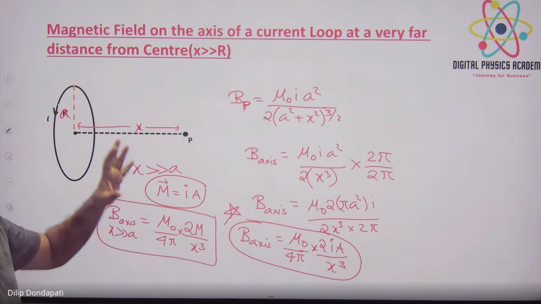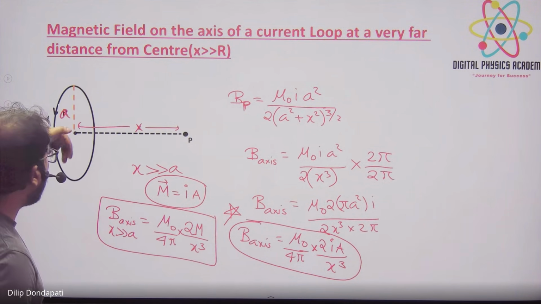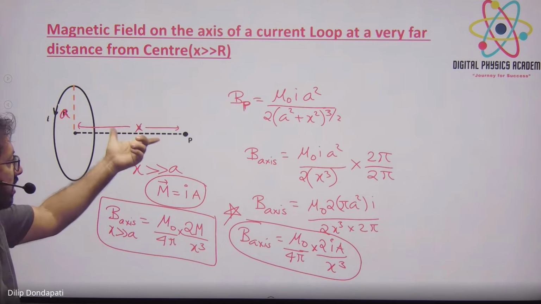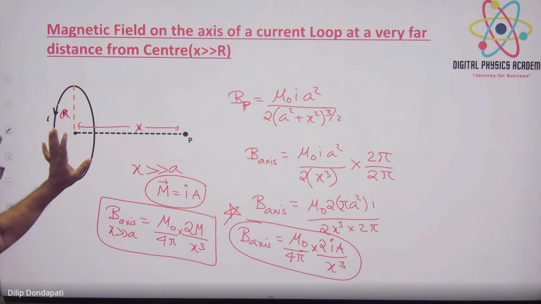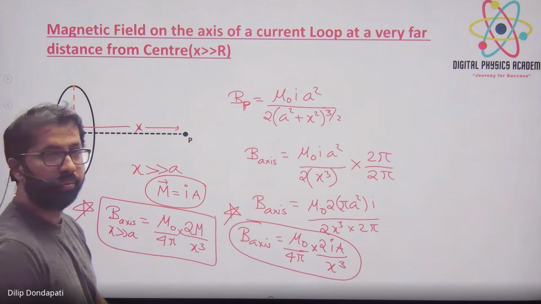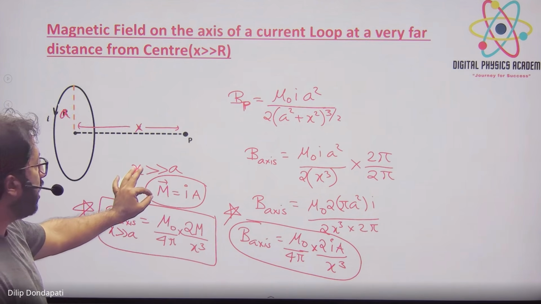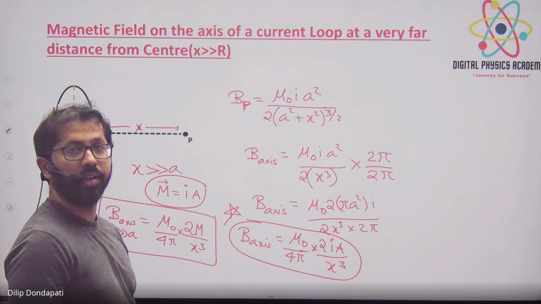That means it is acting like a dipole. The magnetic field is also acting like that, meaning in a current carrying coil, when x is much greater than a, then only this is happening. It is acting like a dipole. And what is its magnetic field? mu naught by 4 pi into 2m by x cube. M is the magnetic moment, and any current carrying coil's magnetic moment is I into A, where A is the area vector.